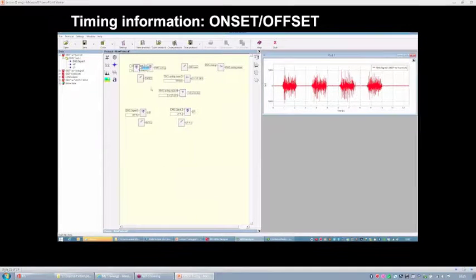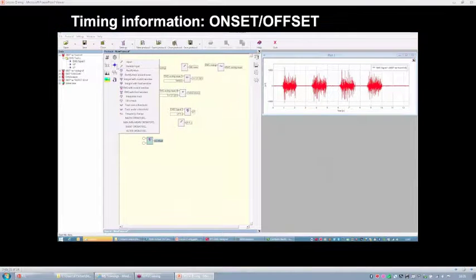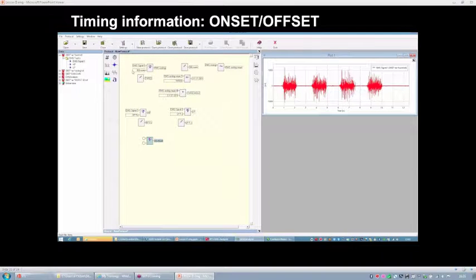And now I'm going to compute the envelope. It is typical, prior to computing the envelope, to perform filtering with a high-pass filter to remove the low frequency noise, and then to remove the high frequency noise with a low-pass filter.